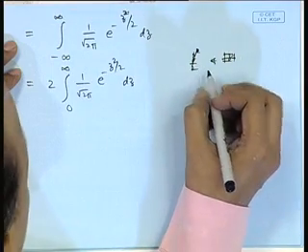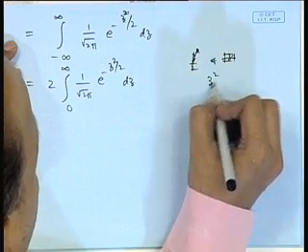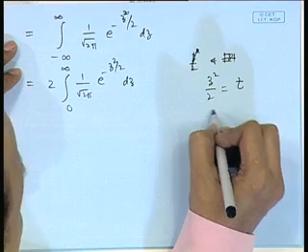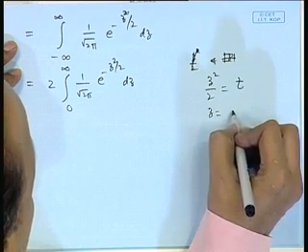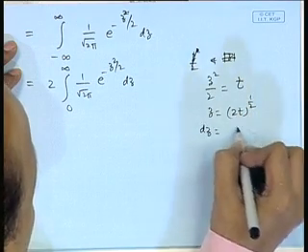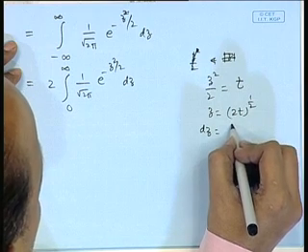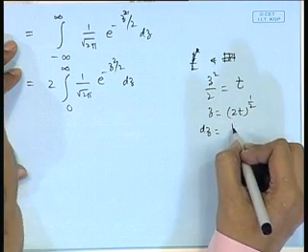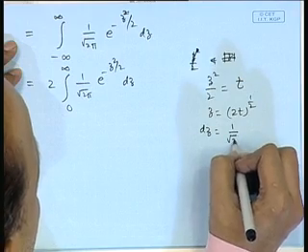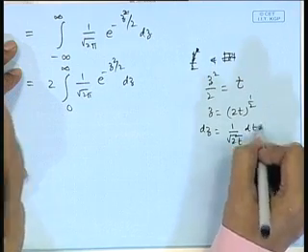Over the range 0 to infinity, we can substitute z square by 2 equal to say t, that is z is equal to (2t) to the power half, and dz is equal to 1 by root 2t dt.